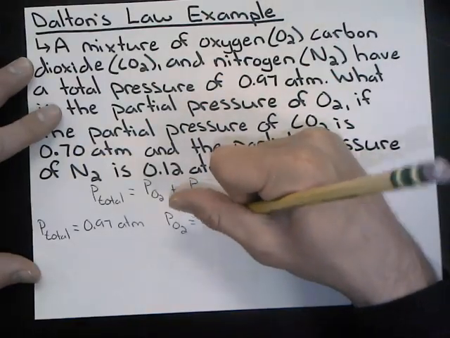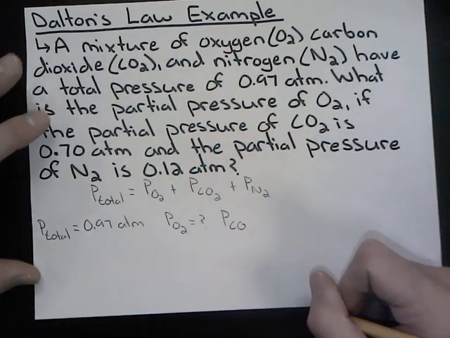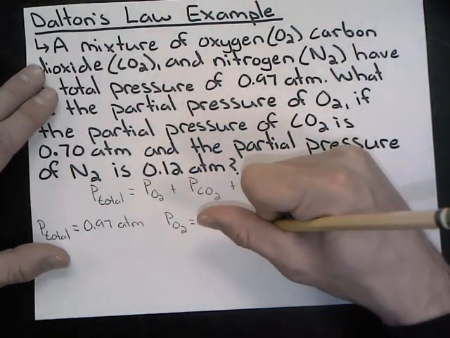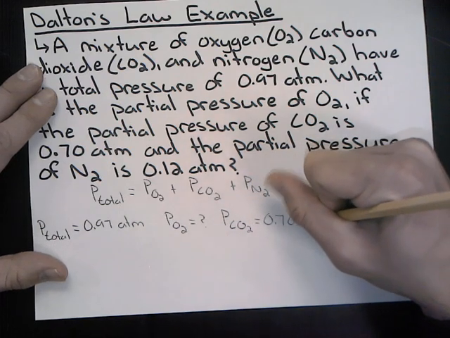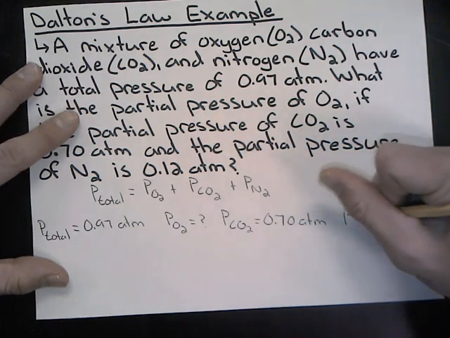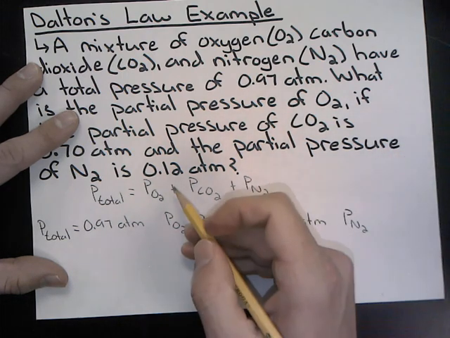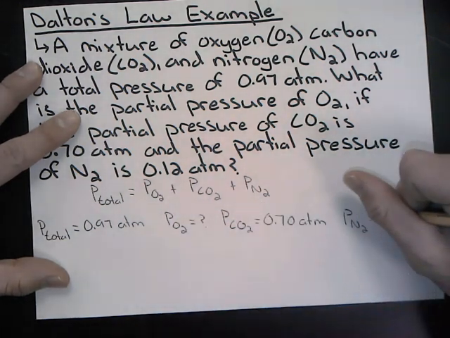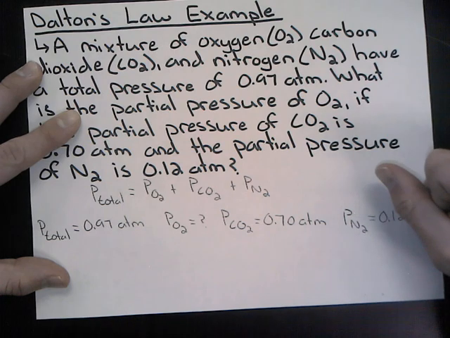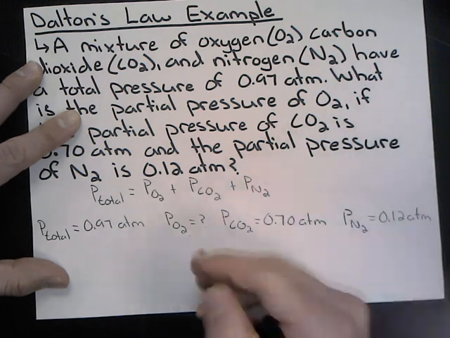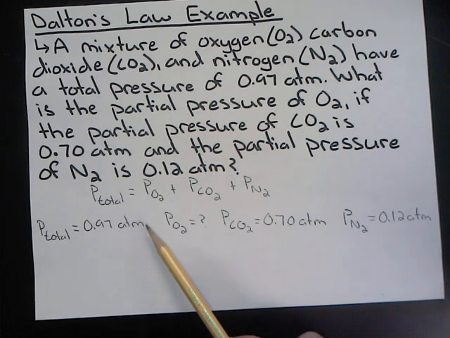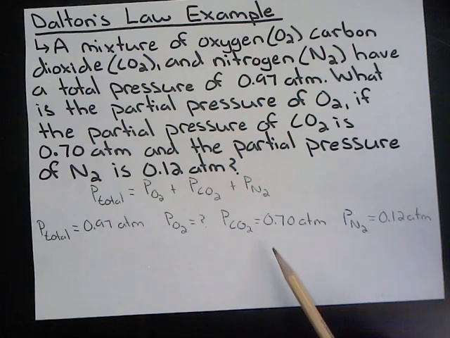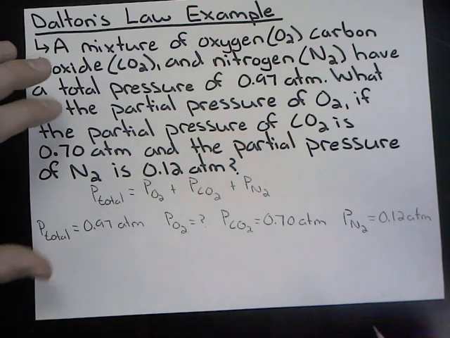The pressure of carbon dioxide is given at 0.70 atmospheres, and the pressure of nitrogen is given at 0.12 atmospheres. So we found out what we know, and we can now solve for what we don't know, which is oxygen. So all I'm going to do is plug these numbers back into my equation. The reason I can do this is that they all have the same unit, so that's something to check for.